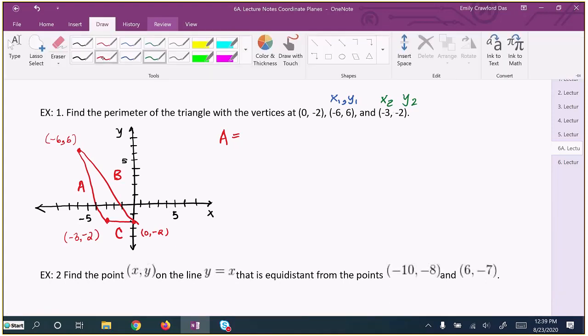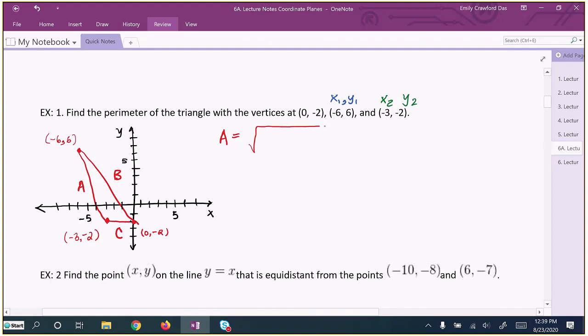Now, all I do is plug into the formula. So this distance A should be the square root of x2, which is -3, minus x1. So that's -6, and I use parentheses to help me remember to distribute that minus. And then I square it. Then I add y2, which is -2, minus y1, so 6, and I square it.